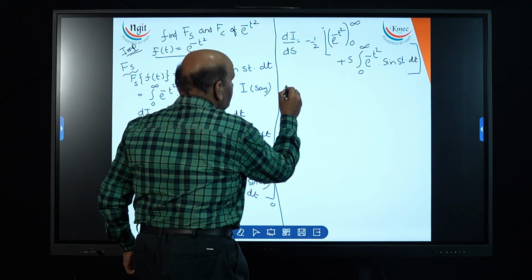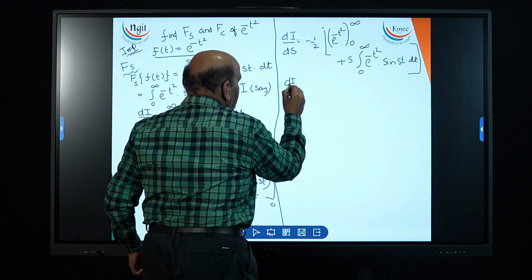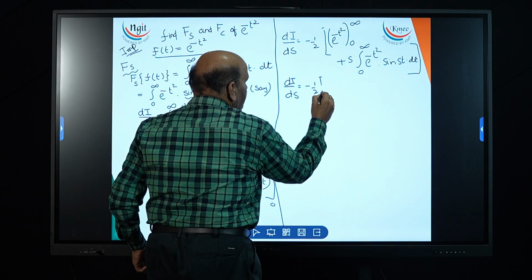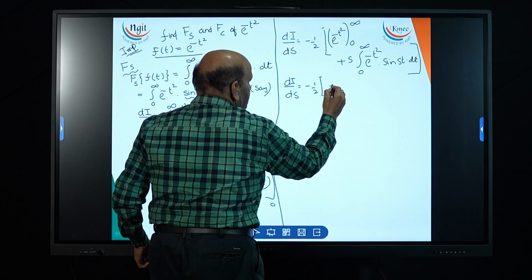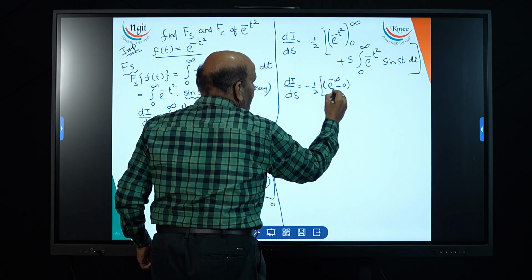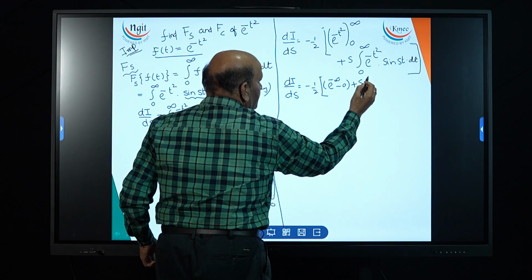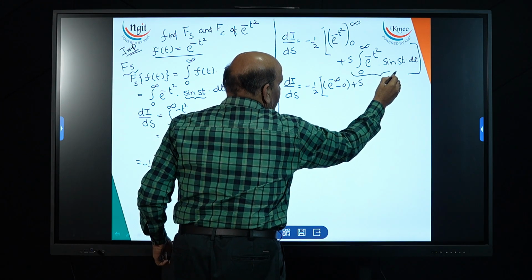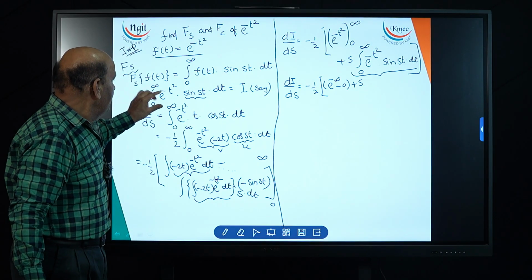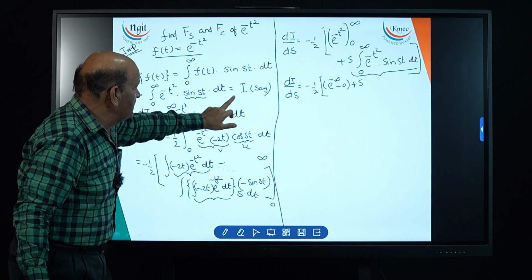This is equivalent to dI/ds, that is equal to minus half into the limit, upper limit, e power minus infinity minus 0 plus s into, once look, this entire integral is equal to which one?